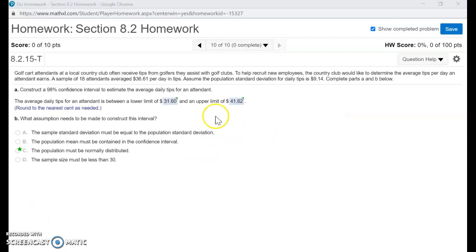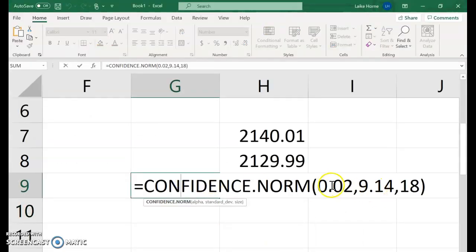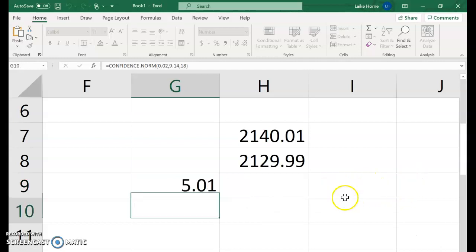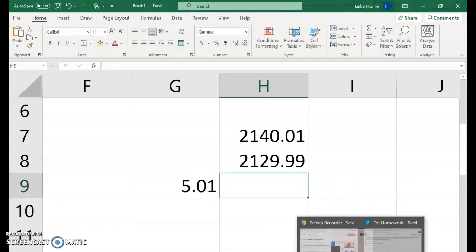Question 10 works the same way, except we have 98% confidence, so alpha would be 0.02. So you're going to plug in your information. You're going to do 0.02. Your standard deviation was 914 and N was 18. So you get 5.01.